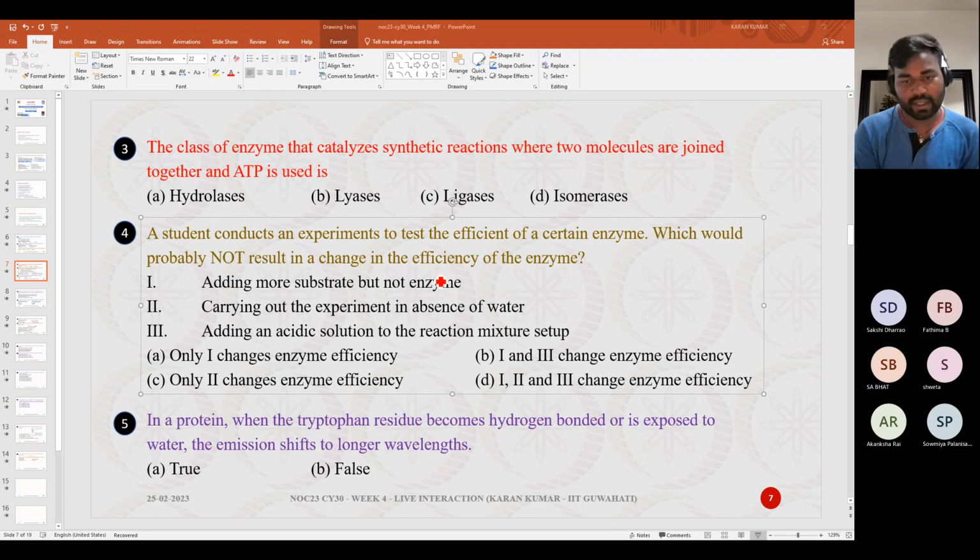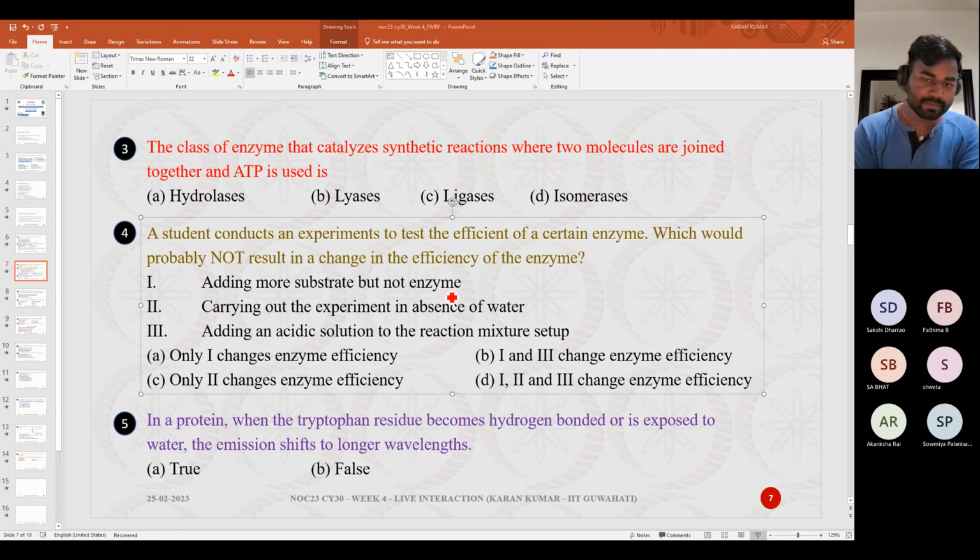Okay. Any other opinion on adding more substrate but not enzyme? Will it affect the enzyme efficiency? It may affect, because if we have a lot of substrate and not sufficient enzyme, then the reaction may not be completed sufficiently. Okay, so there are two contradictory opinions. Any other opinions?